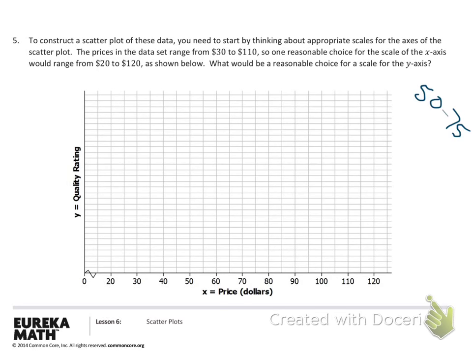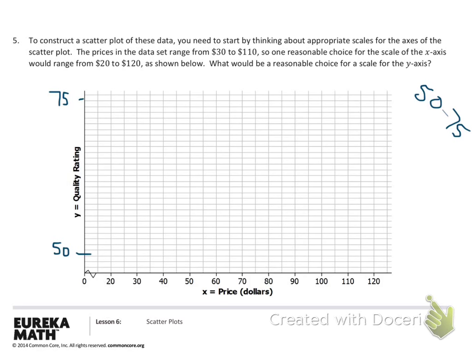So we need to think about how is that going to fit here. So we probably would, since there's nothing between 0 and 50, we could start our 50 somewhere in here and then count it off so that 75 ends up somewhere about right there. So that's going to be your process there.